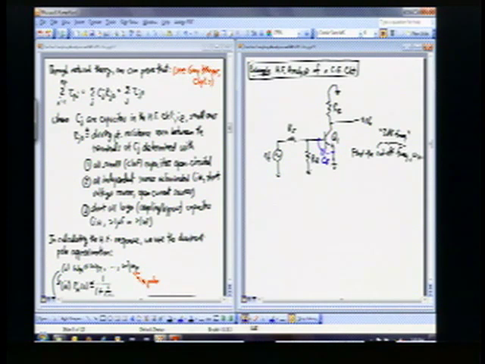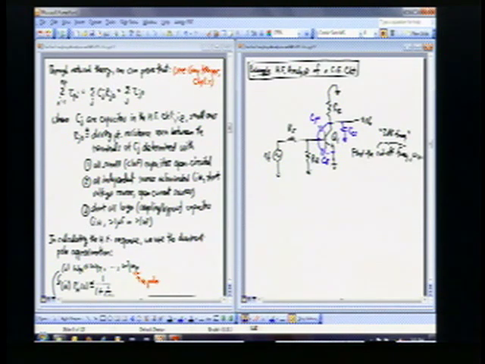I've got another capacitor right here from the base to collector, that is C mu. And then finally I've got one more capacitor that I should worry about for bipolar, and that is this collector to substrate capacitor, CCS.